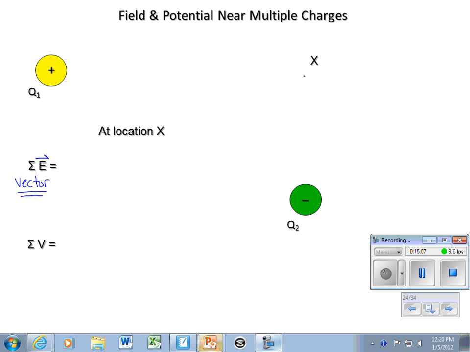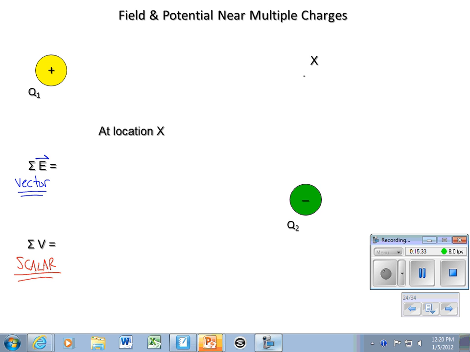One of the nice things about potential is it's a scalar. So there are never any components or Pythagorating or anything like that, and that can make potential easier to deal with sometimes than electric field. So what we're going to do is figure out the net electric field at location X, and the net potential at location X.